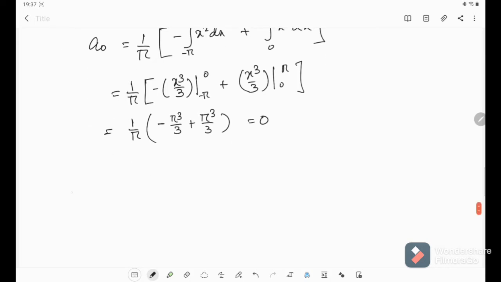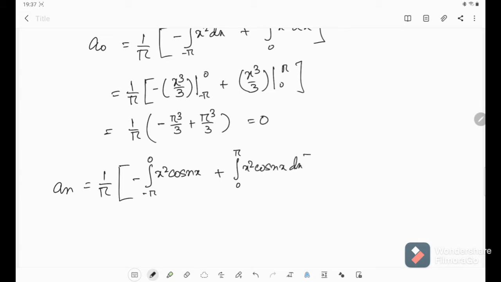Now let's find an. An would be the sum of the two integrations. So one would be minus pi to 0 x square cos of nx, and the second one would be 0 to pi x square cos nx dx. So we will resort to the shortcut method for evaluating the integration.